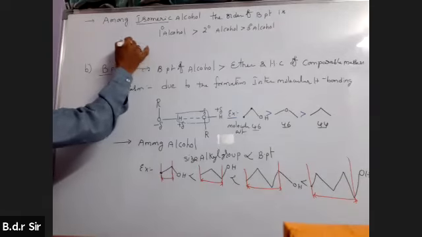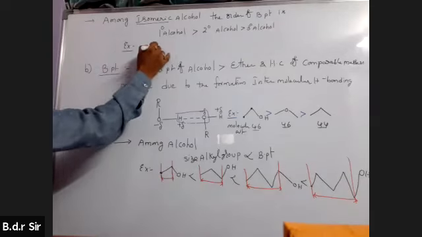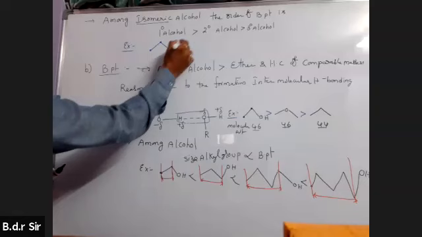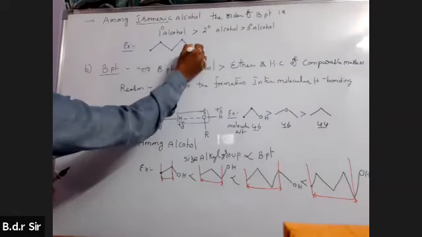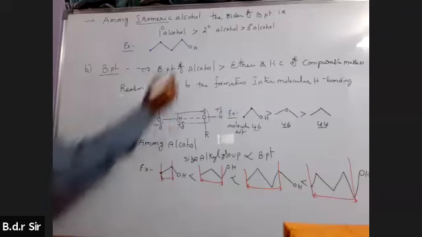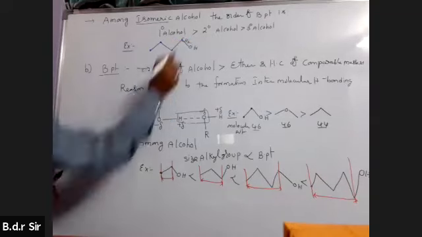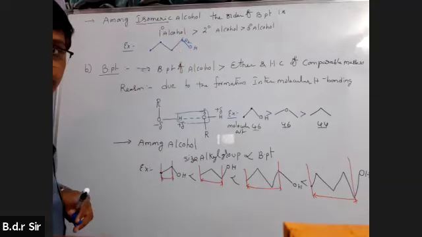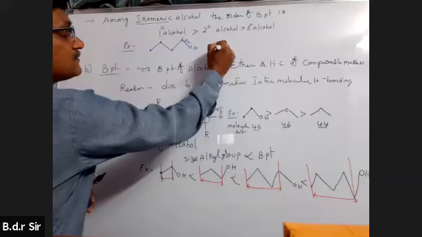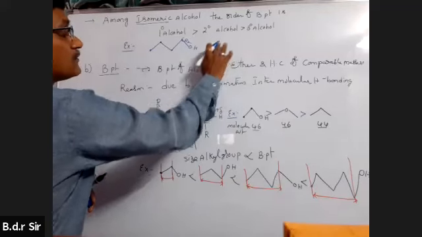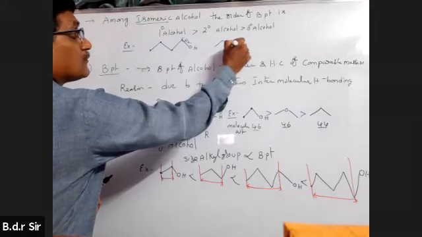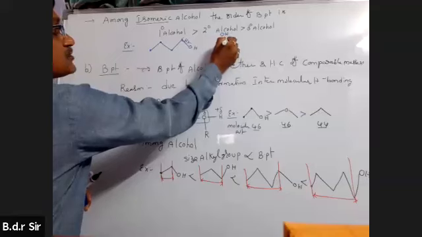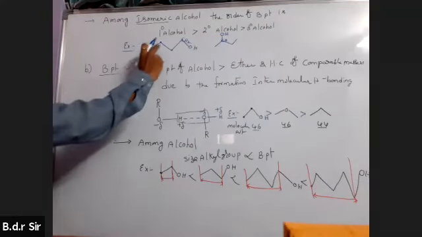Butanol example. Butanol: 1, 2, 3, 4, OH. Observe the CH2 here. CH2OH indicates primary. Secondary: OH, here CH, 1, 2, 3, 4.